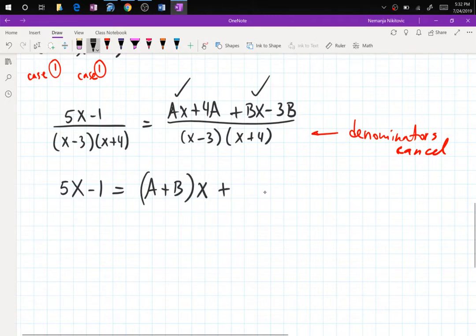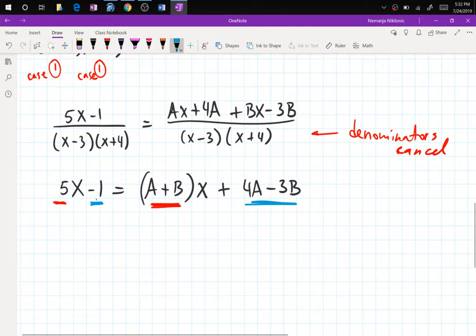And then we have plus 4a minus 3b. So I bunch up all of the terms that have x and all of the terms that do not have x. And now it's a simple comparison, because the red 5 has to match this, and the blue negative 1 has to match that, because the left has to equal the right, x equals x, right?